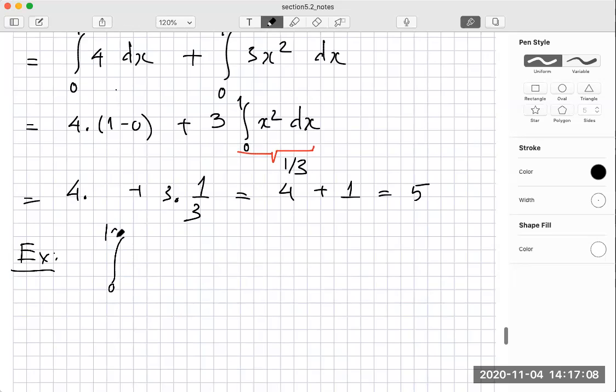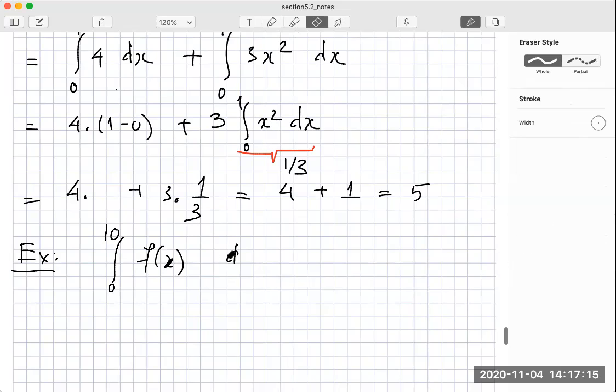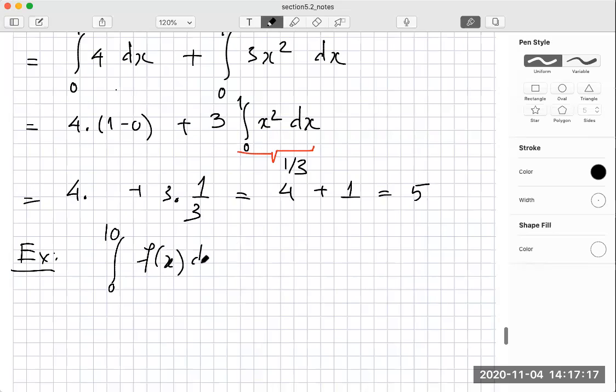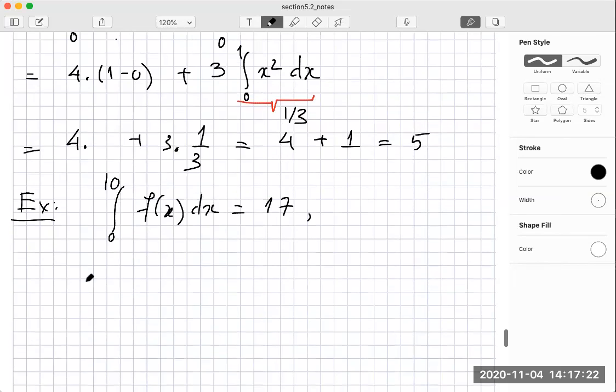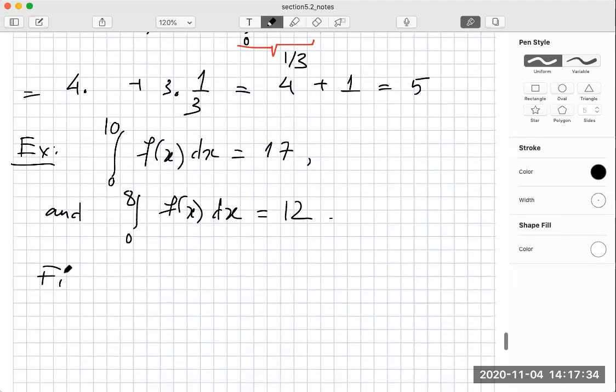The integral from 0 to 10 of f(x) dx is given as 17, and the integral from 0 to 8 of f(x) dx is 12. We need to find the integral from 8 to 10 of f(x) dx.